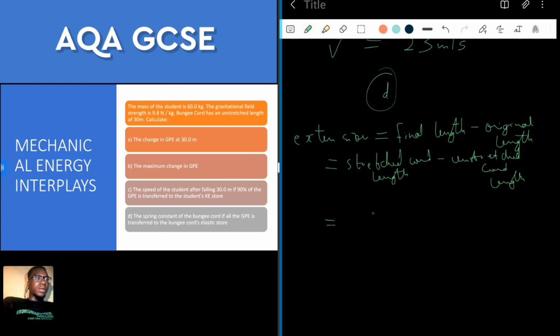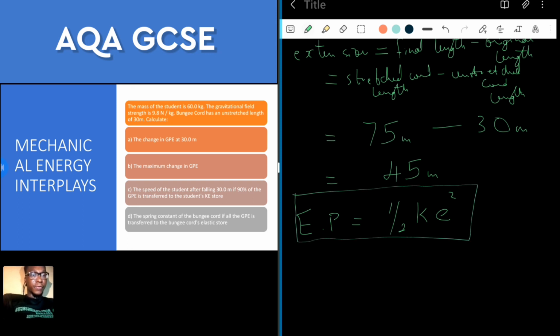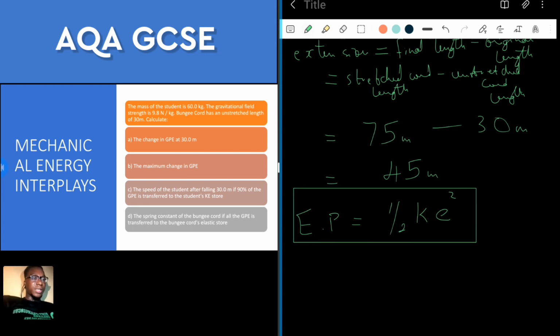So the stretched cord length is at 75 meters. The unstretched cord length is at 30 meters. And here we have an extension of 45 meters. And right after that, we'll have elastic potential equals half times spring constant times extension squared. That's the equation for the elastic potential.